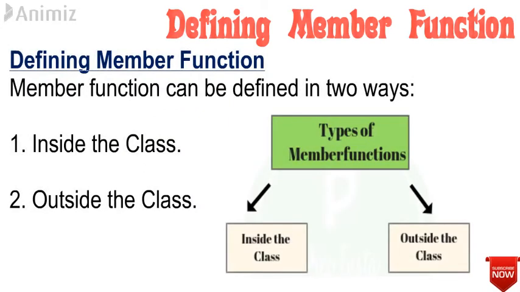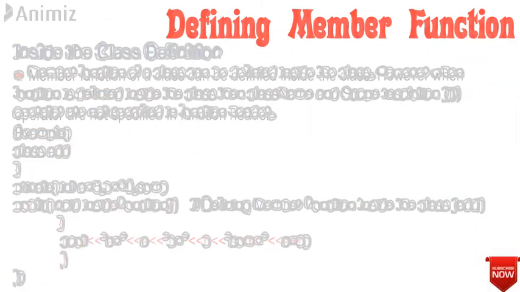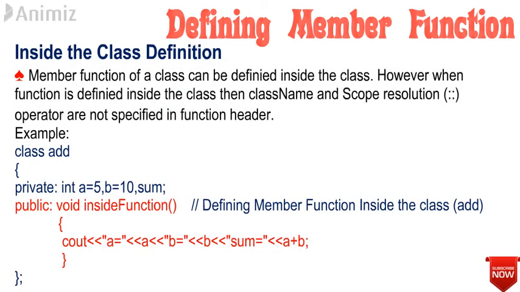In C++, member functions can be defined in two places: inside class definition and outside class definition. Now, let us understand how a member function of a class can be defined inside the class.